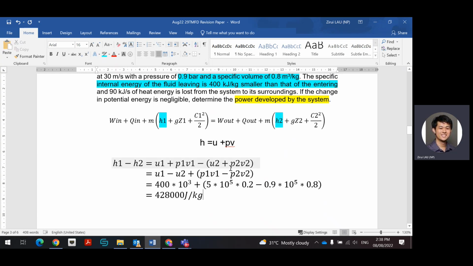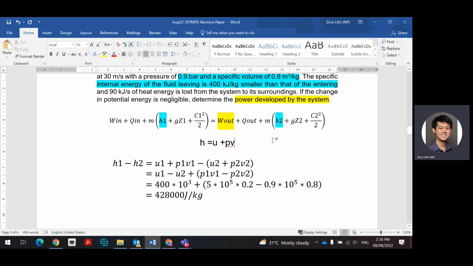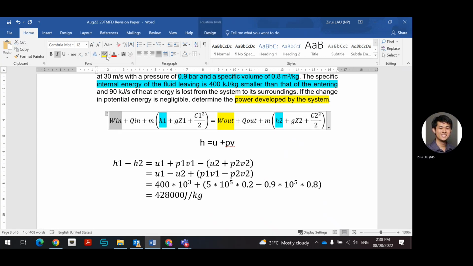Once we have this, we look at our equation. Based on our equation, they want us to find the power developed. Power developed is W out, so W out is what we want to find. The rest of the terms we don't have, so we can cancel them off. W in, don't have. Q in, don't have. Potential, don't have.